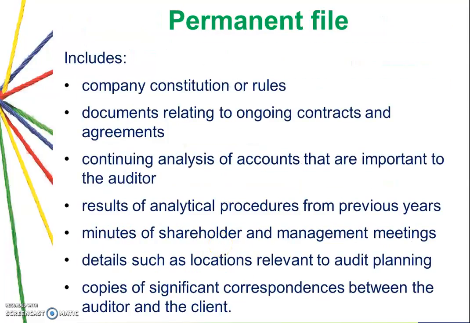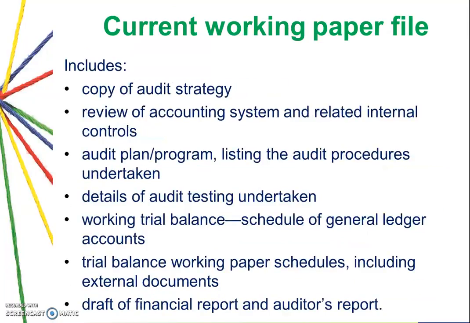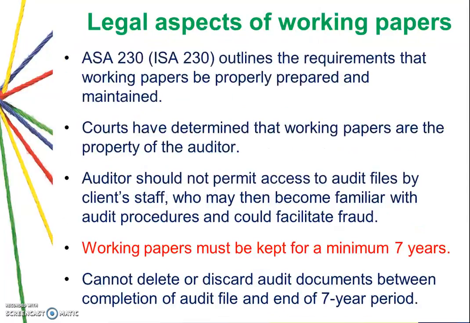The permanent file normally includes all information about the company, so it will be referred to again and again during the engagement. The current working paper file includes the audit strategy, audit plan, and all the testing of the current year.